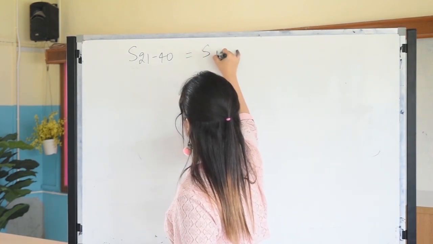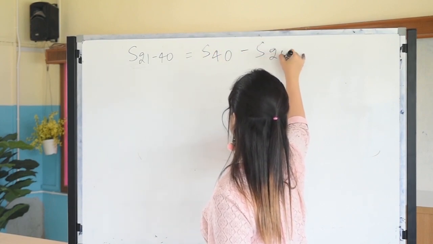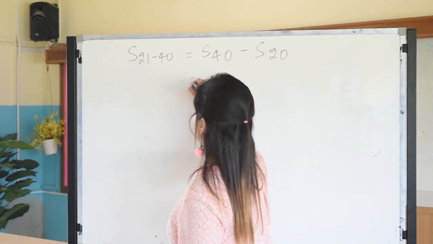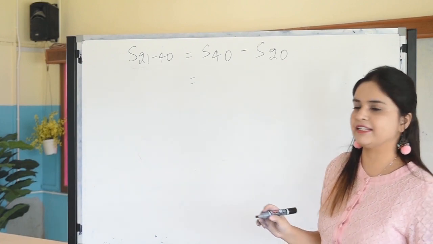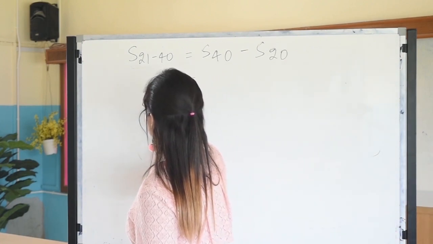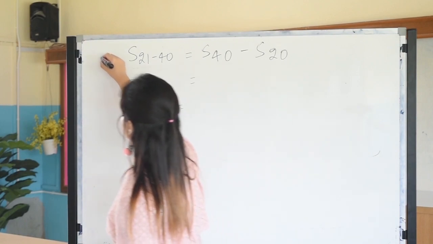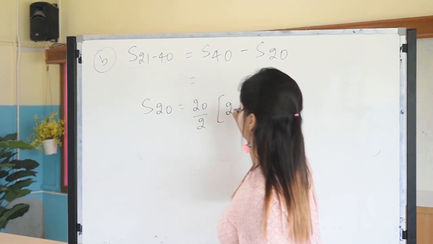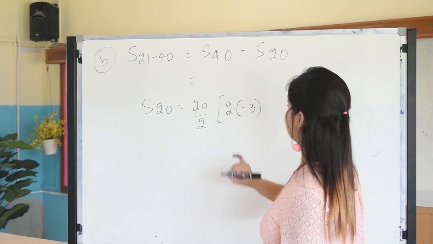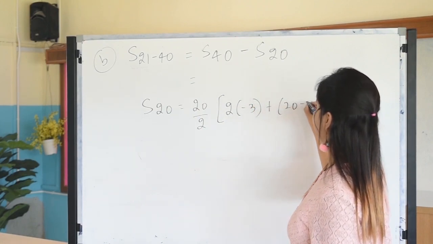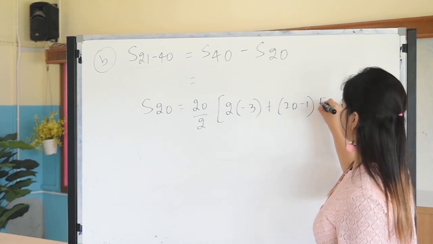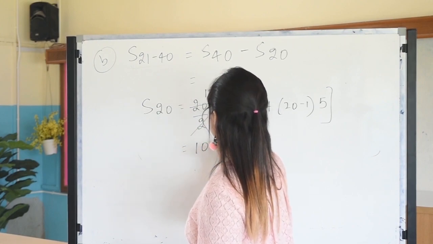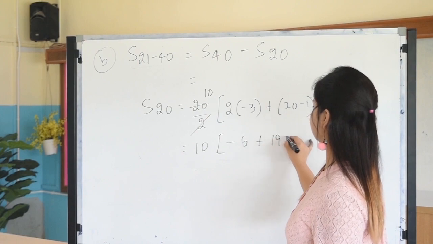See, this will be S40 minus S20. Now S40 I already know, I have solved it in part A. I want to find the value of S20. So first find the value of S20, this is my part B, which will be 20 over 2 times 2a, a is minus 3, plus n minus 1 times d. d is my 5. Okay. So this will be 10 times minus 6 plus 19 times 5.